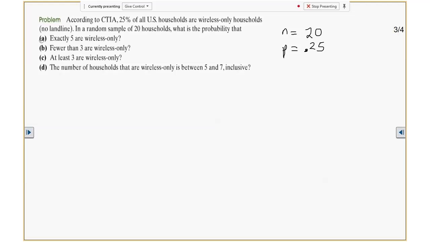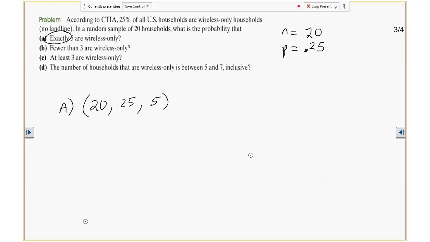Now, A is pretty self-explanatory because A says what? Exactly 5. So therefore, A is 20, 0.25, 5, in N, P, and X.